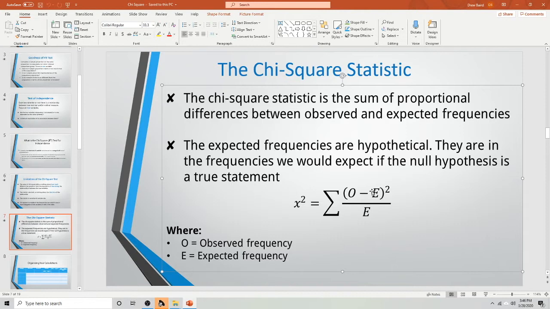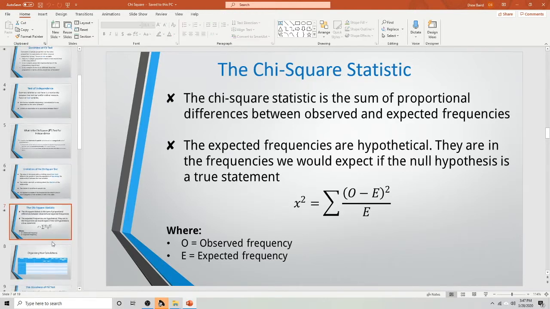Expected frequencies, the number of cases you expected to fall into a given category of your nominal variable. That expectation in the case of the goodness of fit test is based on your known population, and then this is the expected frequencies as well. And then you know that this is just squared, this is the sum sigma, and this is the symbol for chi-square.